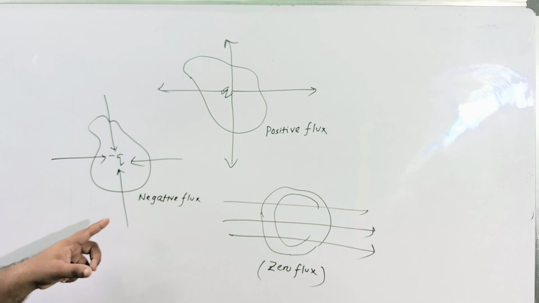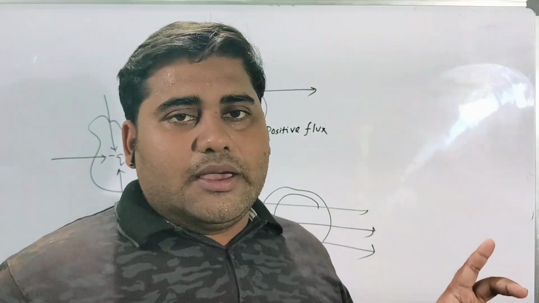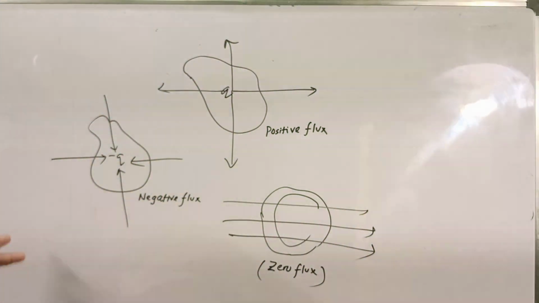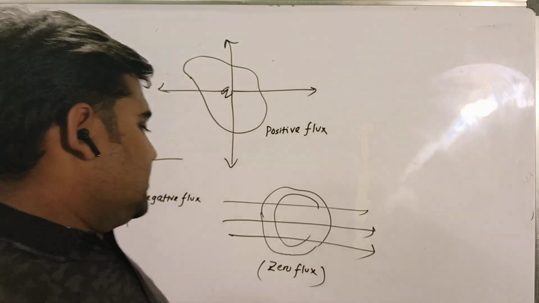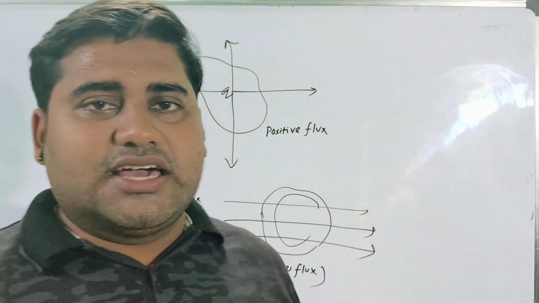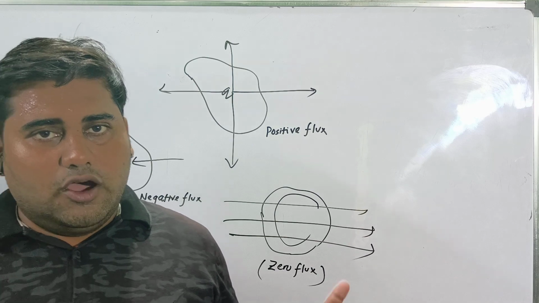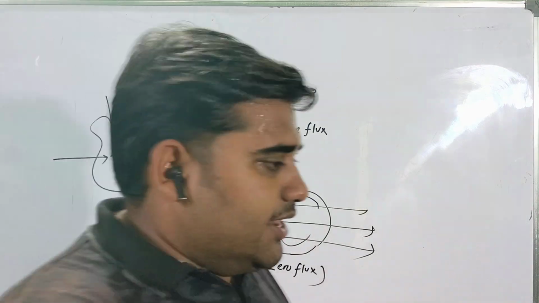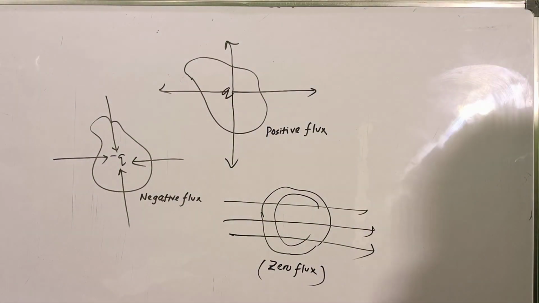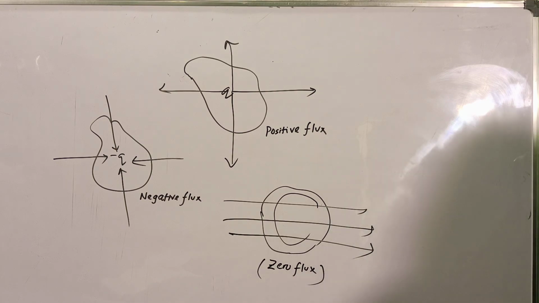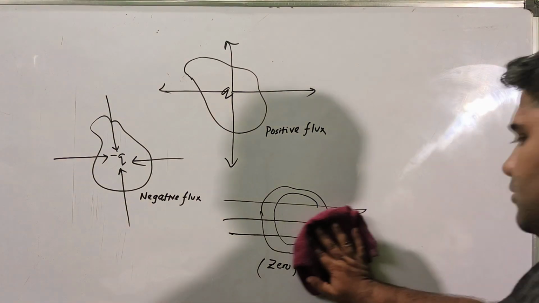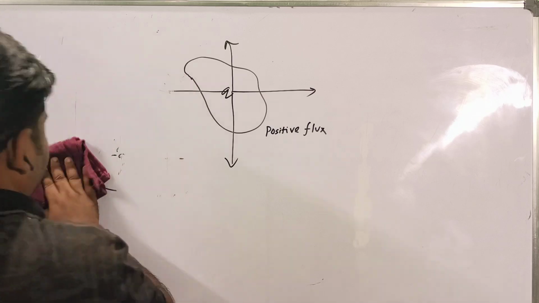If that closed object has negative charge, then negative flux is going through that object, and if it contains a zero net charge, then zero flux is going through that object. So you get a rough idea of that. Now we shall be studying some applications of Gauss law. It is quite simple.